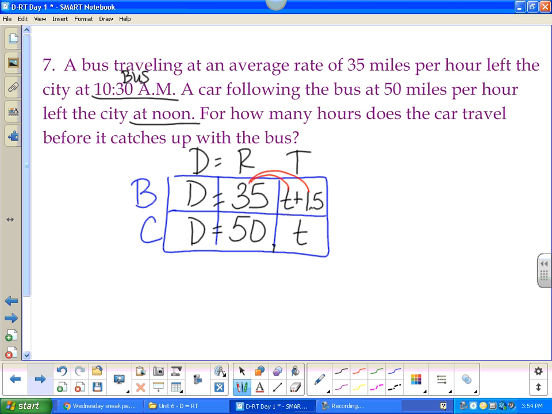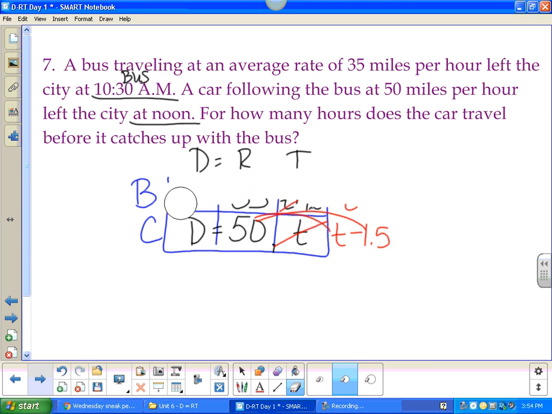Well, if the bus got a 1.5 hour head start, then put that in terms of the car. Instead of doing this, tell me that the car lost an hour and a half. Because I can do 50 times t and 50 times 1.5 because I can have 50. That's really easy. So let's do that.